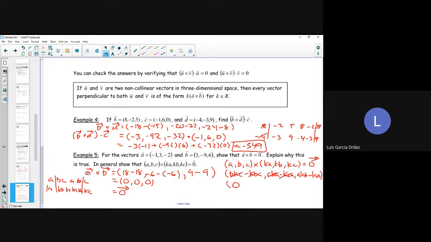These guys cancel each other out, which gives me 0. And these guys cancel each other out, which gives me 0. Which means that my final answer is going to be the 0 vector. Okay? So even when we multiply the second vector by any scalar, we're literally going to get the 0 vector because everything just cancels each other out at the end of it.